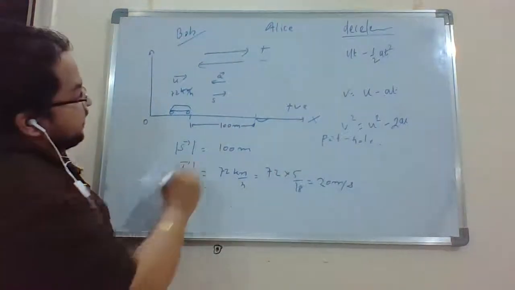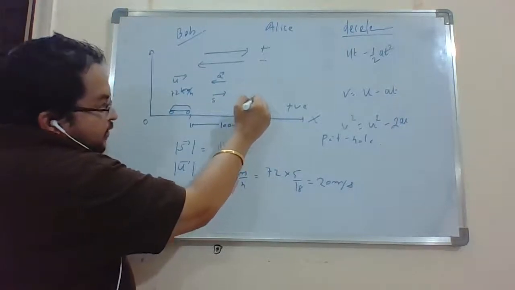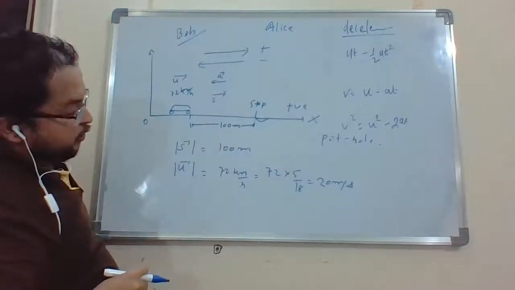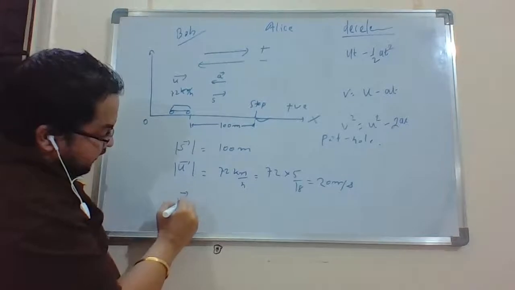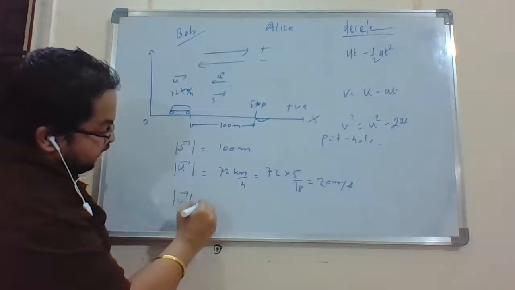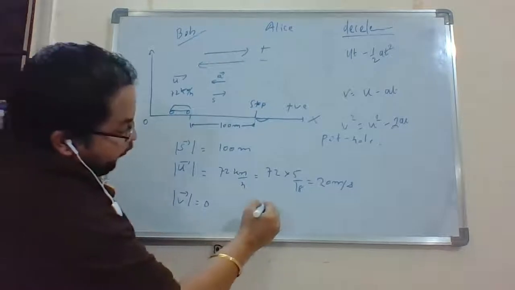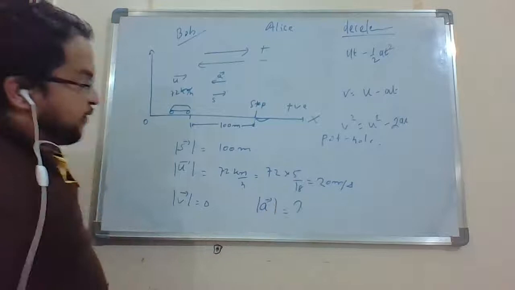If he stops here, he will not fall in the pothole, so the final velocity magnitude should be 0. Now all I need to find is how much brake he should apply.